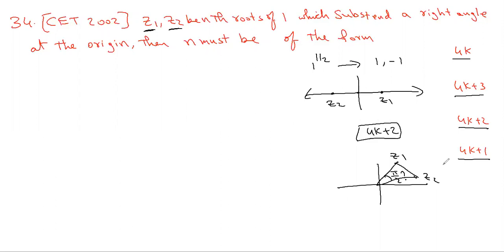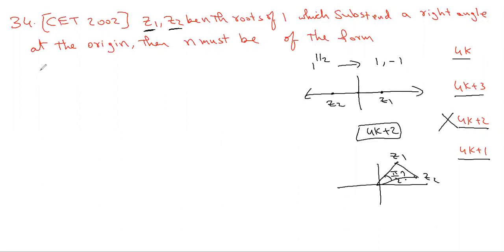And 1 is in the form of 4k plus 1, but we can't take 1 because at least 2 points we need. So we started verifying the 4k plus 2. The two points are Z1 and Z2. The two square roots of unity are 1 and minus 1, but they are not subtending the pi by 2 angle. So this is the wrong option.